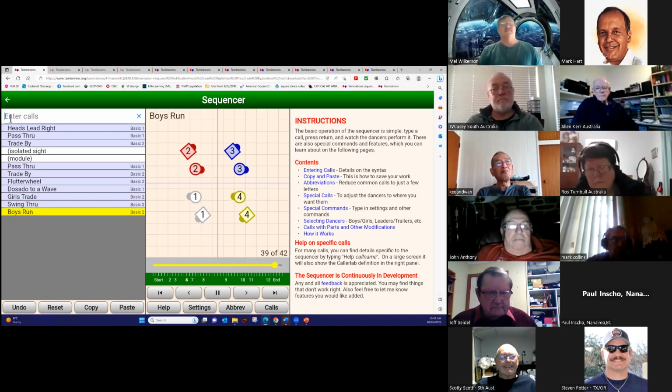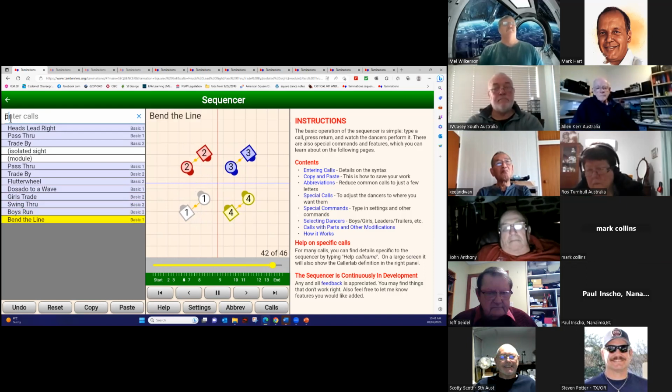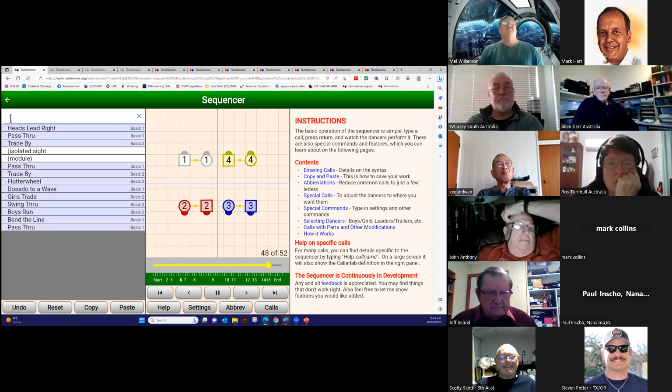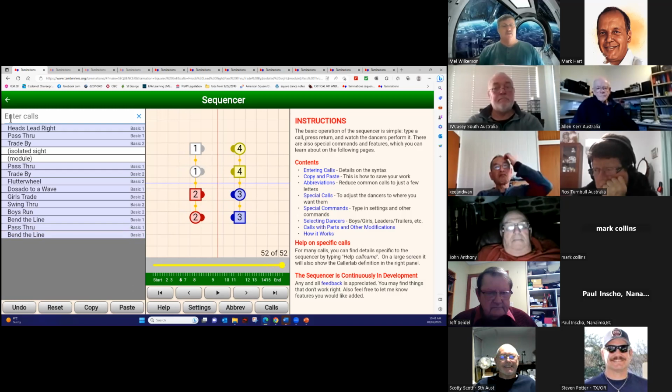I've essentially done a right and left through. I've changed sequence, everybody's there, and I can do a bend the line to an allemande left or whatever. I'm on the opposite side, promenade home. Any kind of those partner box in-sequence get outs that you wanted. It's a very, very powerful tool.